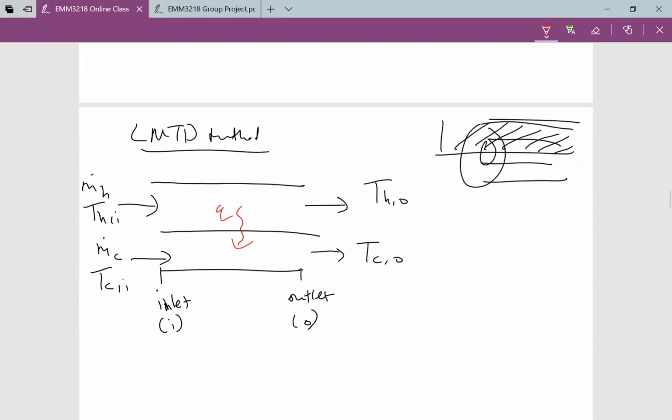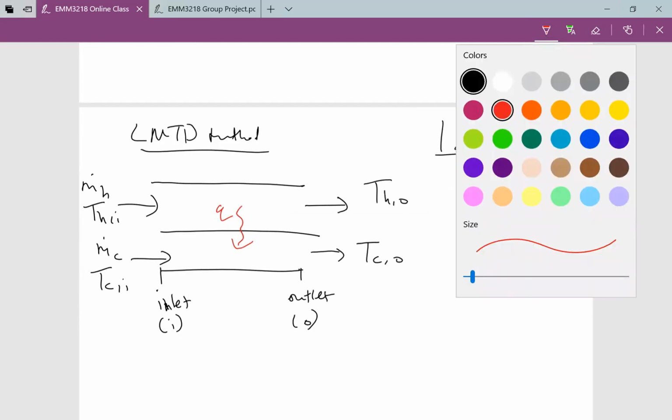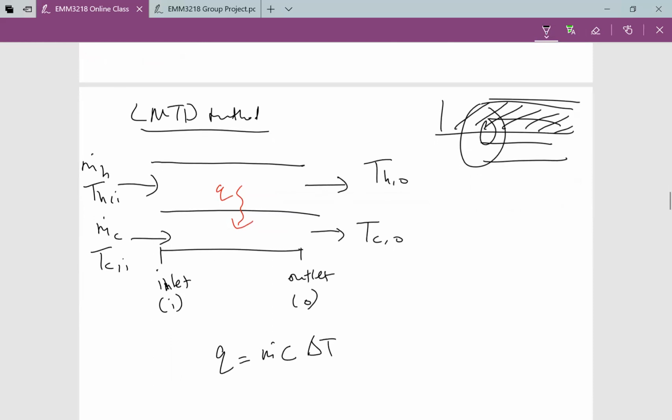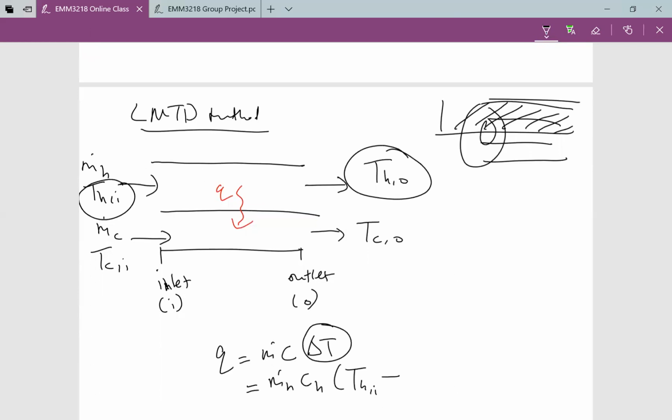And that Q, according to thermodynamics, is m dot C times delta T. Now we're going to write that for the hot fluid first. So this is m dot of the hot fluid, C_p for the hot fluid, and delta T is the difference in temperature of that hot fluid, so it's T hot inlet minus T hot outlet, because the inlet is hotter for the hot fluid.